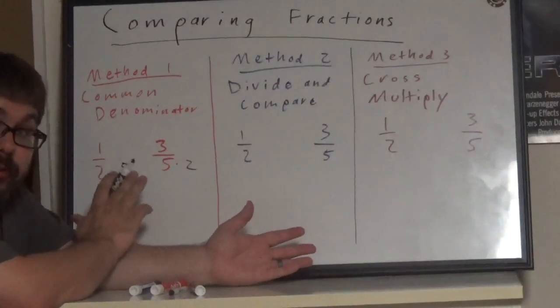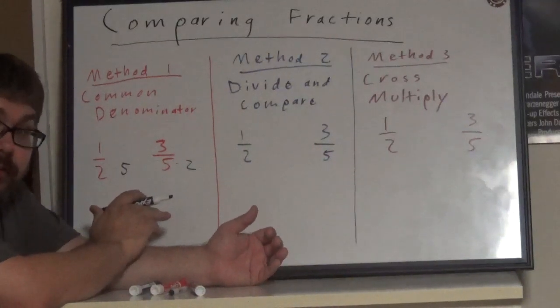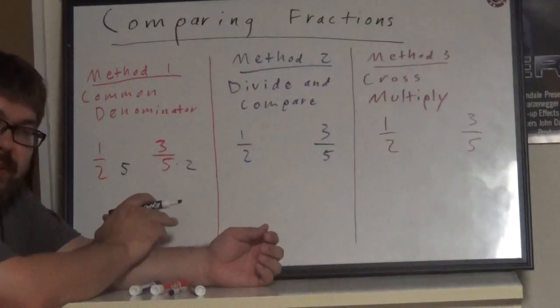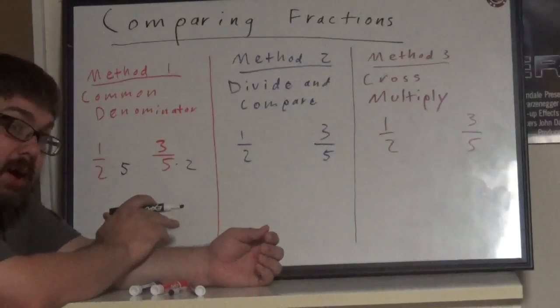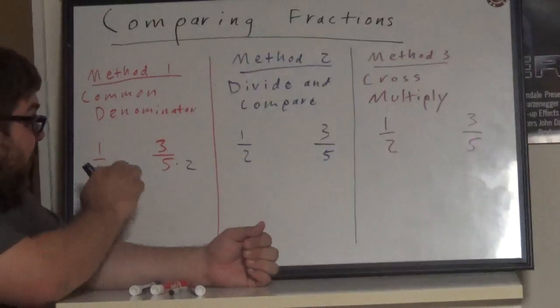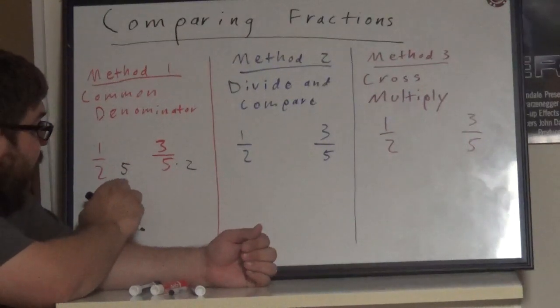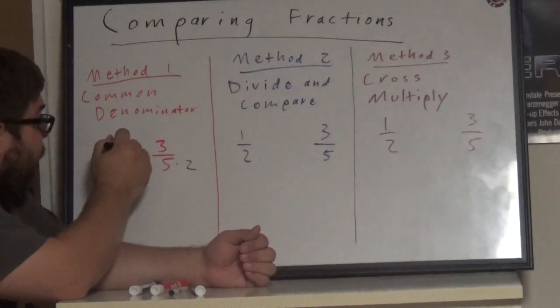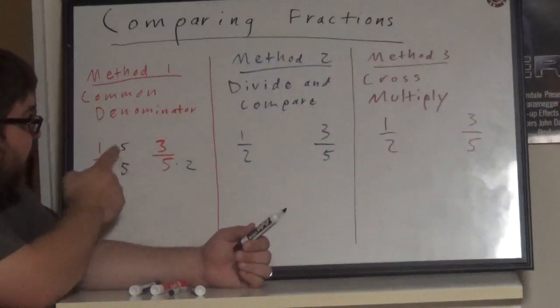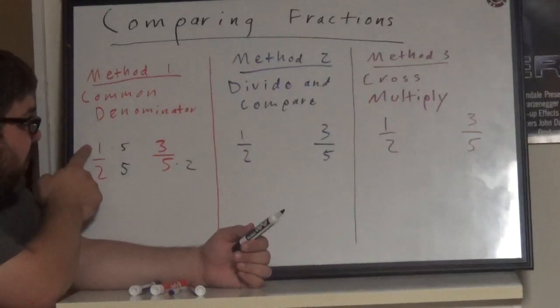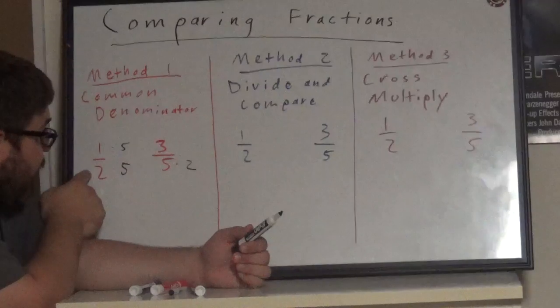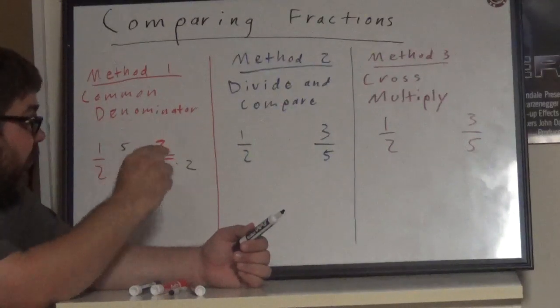Whatever I do to the bottom, I need to do to the top. So if I do 2 times 5, then I want to do 1 times 5. And that's okay because both the numerator and the denominator are being multiplied by 5.